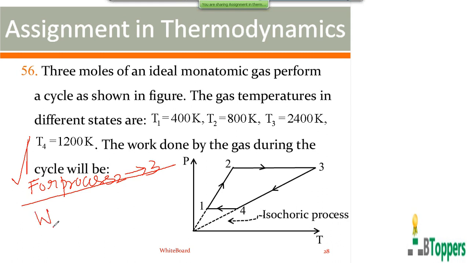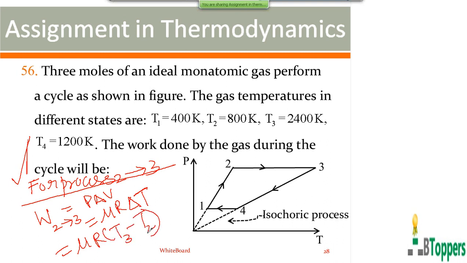So work done by the gas at constant pressure is given by P delta V, or you can write nu R delta T. The nu is the quantity of the gas expressed in moles, or number of moles of gas, R is the molar gas constant. So here delta T for the process 2 to 3 will be T3 minus T2. That is temperature in the state 3 and temperature in the state 2.